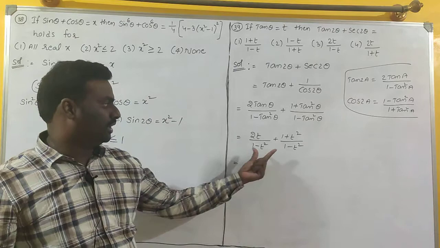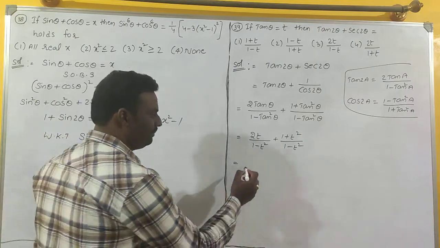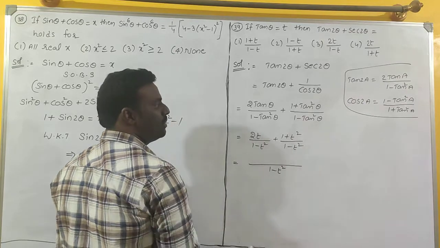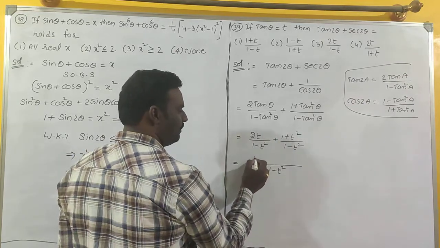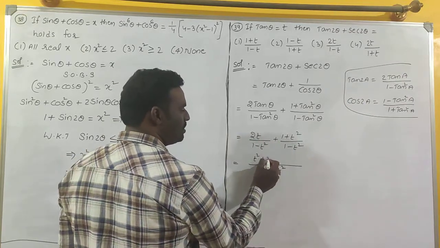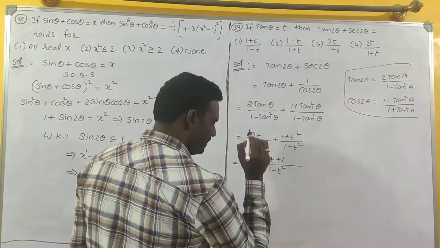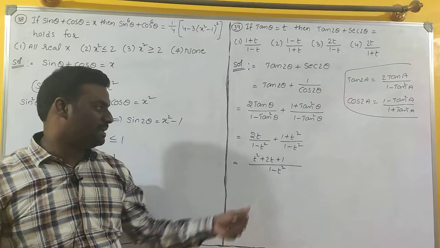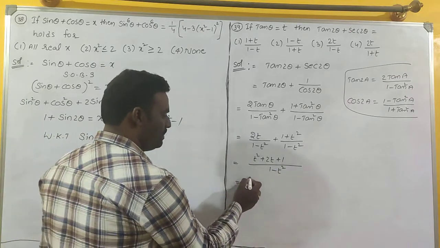Okay, now both are having the same denominator. What is the numerator here? t square plus 2t plus 1. Now this numerator is in the form of a square plus 2ab plus b square, that is nothing but a plus b whole square.